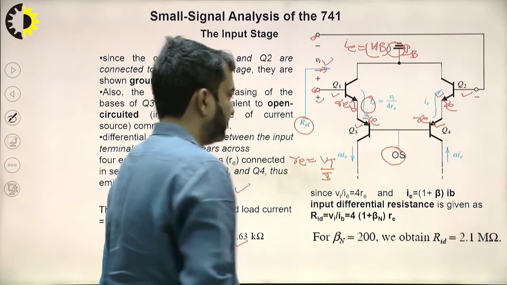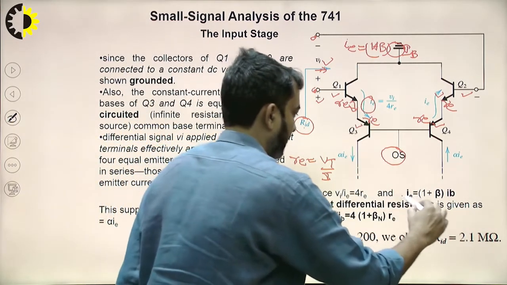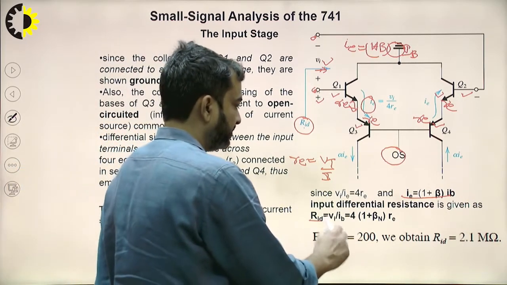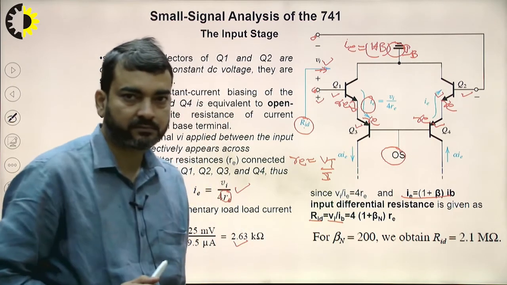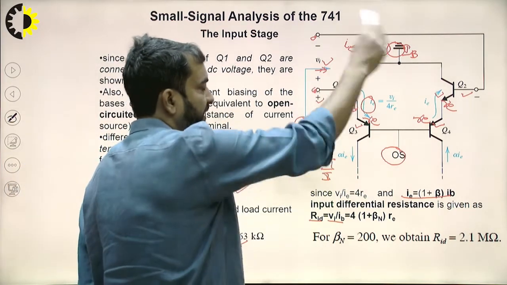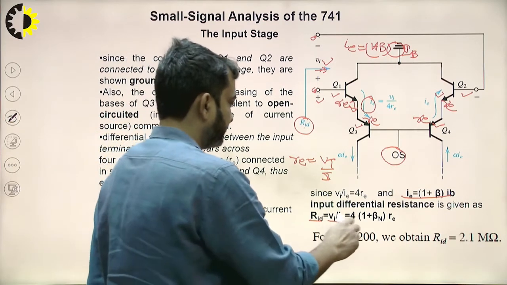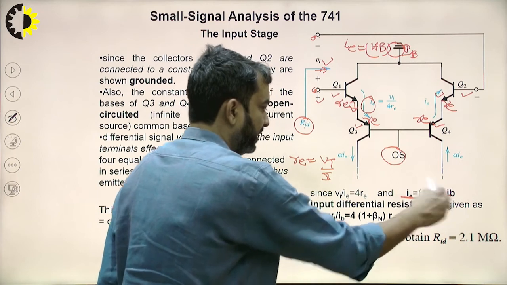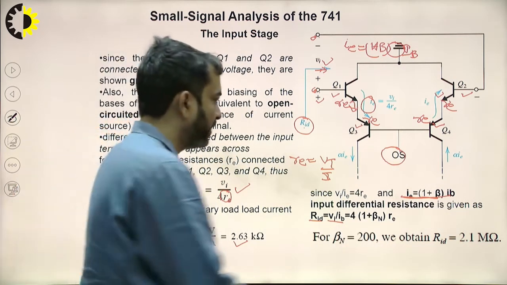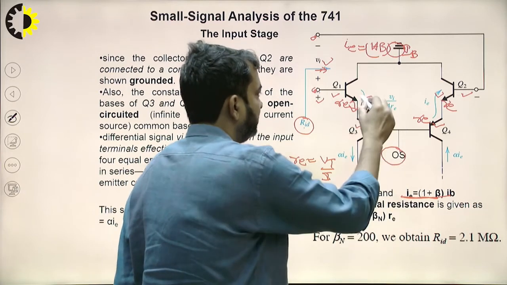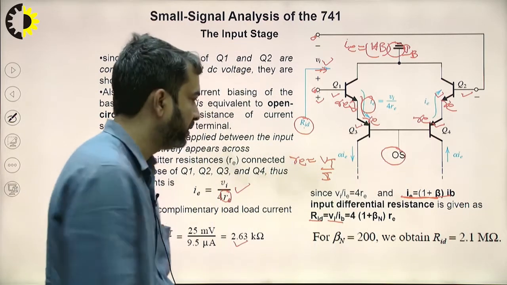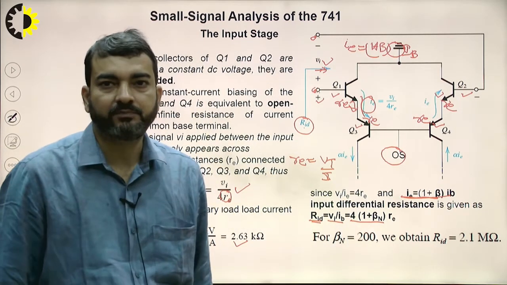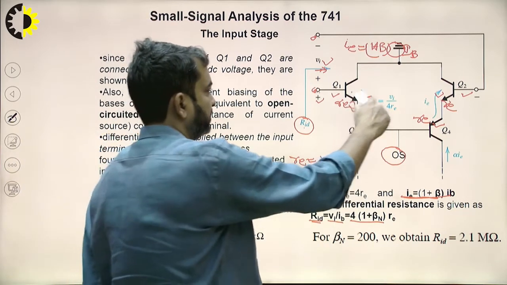By using this relation, RID is nothing but VI divided by the base current, and the base current IB is equal to IE divided by 1 plus beta. In this loop emitter current IE is flowing, so we get RID as 4 multiplied by 1 plus beta n times Re of this transistor.